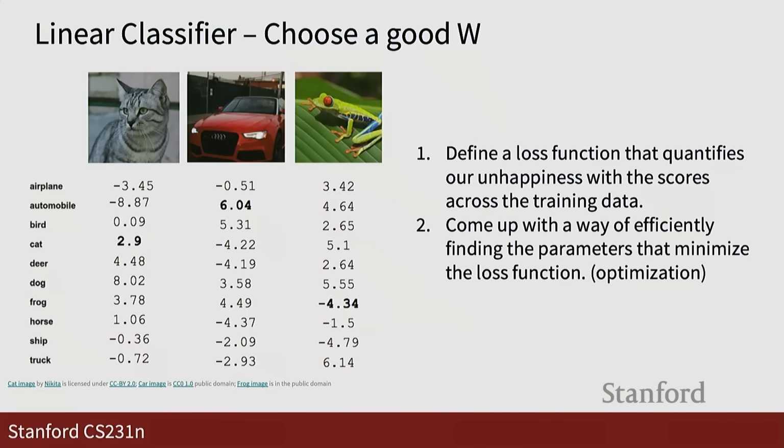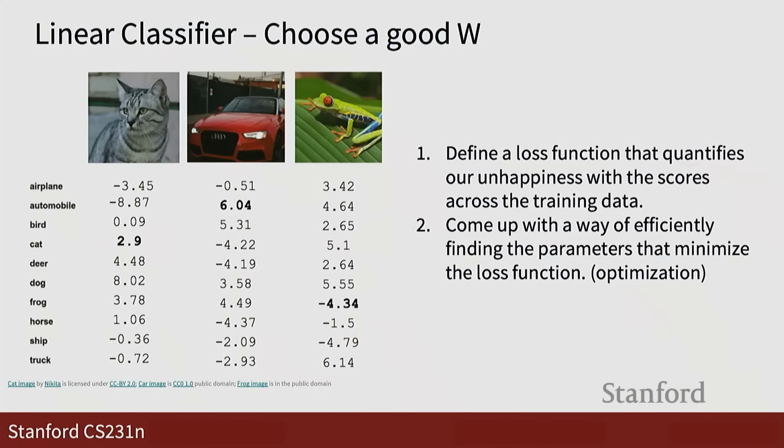After defining that, we need to find a way to efficiently change the values of W to minimize that unhappiness, basically minimize the loss function. And this is the optimization process, the topic of the next lecture.